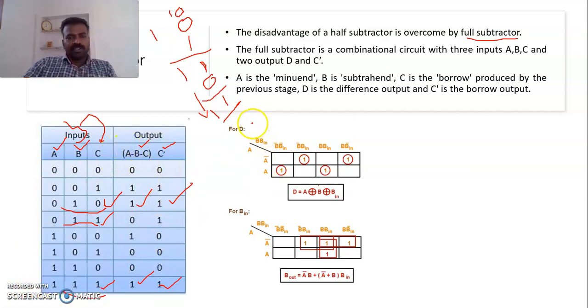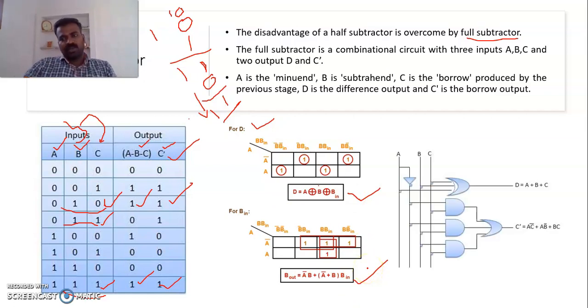For difference as well as borrow, we have to do K-map simplification, and here we got A XOR B XOR C, as well as here one expression we got. For these two expressions we can draw the logical diagram. We are all familiar with how to draw the logical diagram. So the logical diagram was okay.